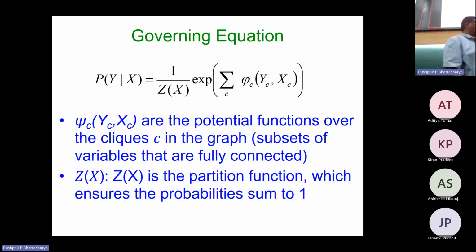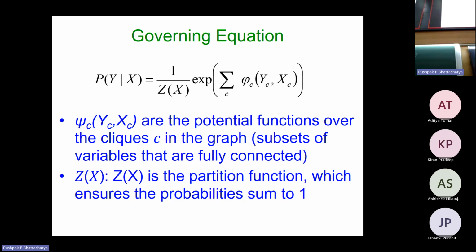So what it is saying is the following. Suppose we have a graph of this kind, and we have these kinds of dependencies.